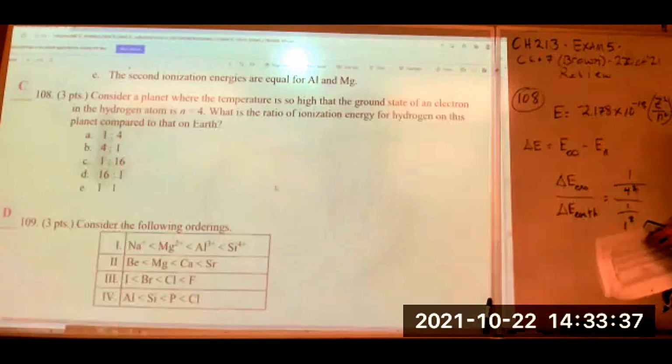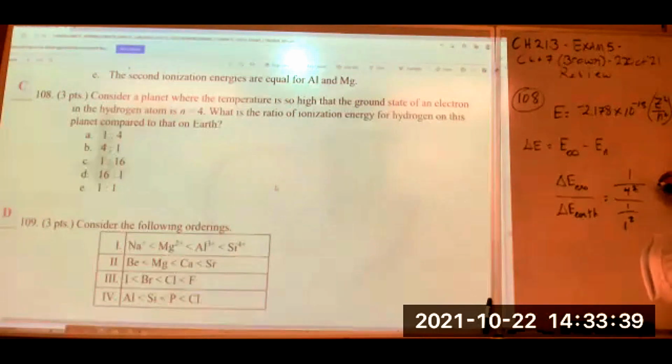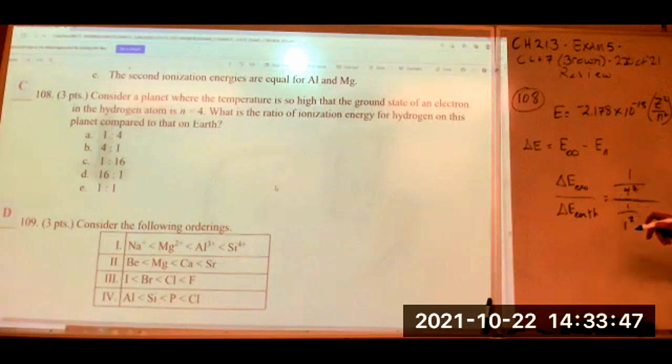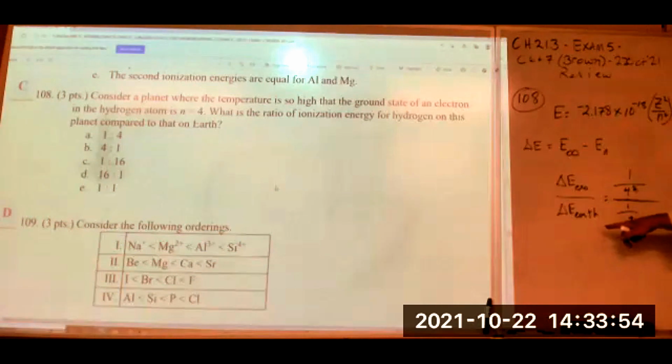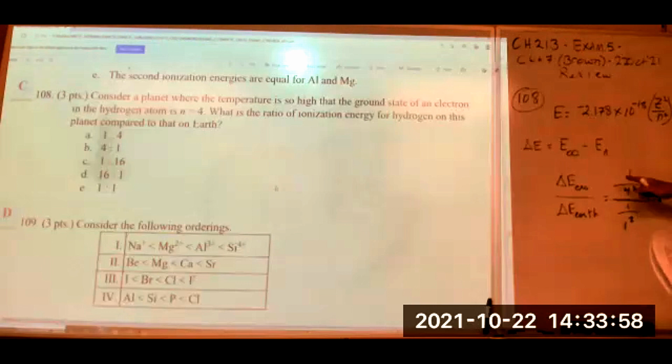1 squared. 16, so 16 here is in the denominator, correct? We're ratioing energies of XO to Earth in terms of ionization energy. So what I've already done is cancel these terms out because they're the same on top and bottom.